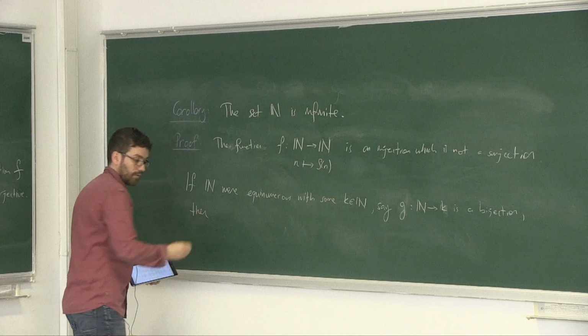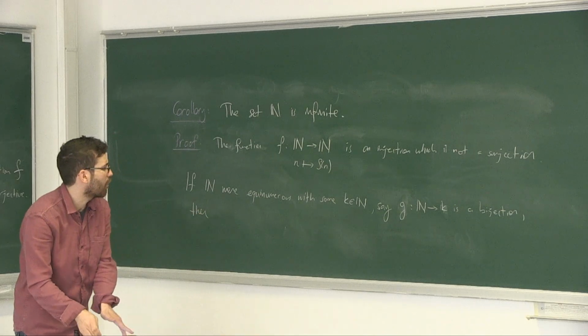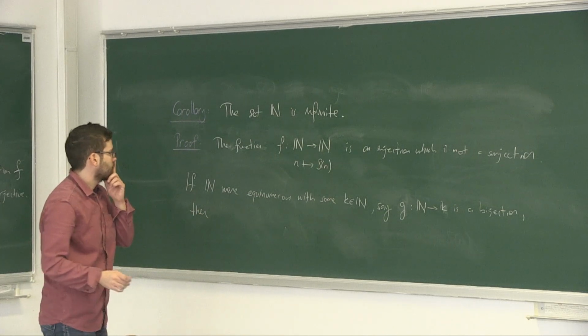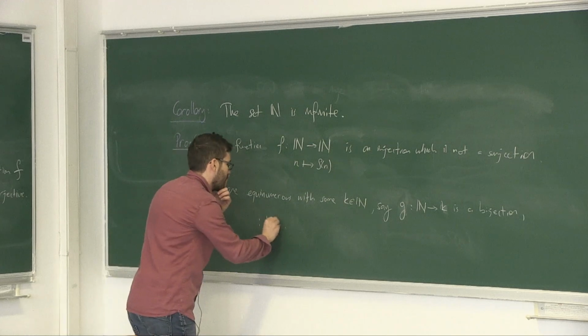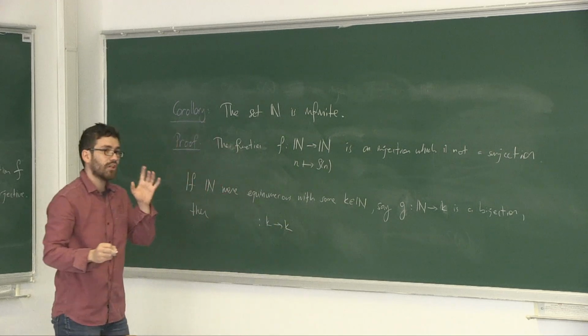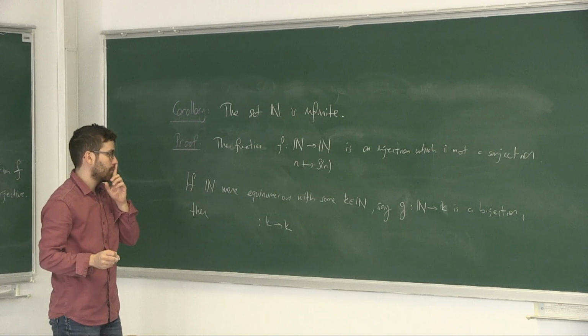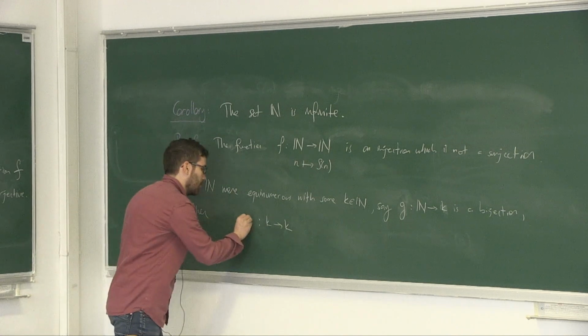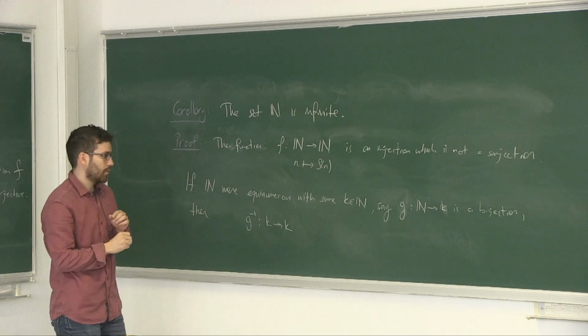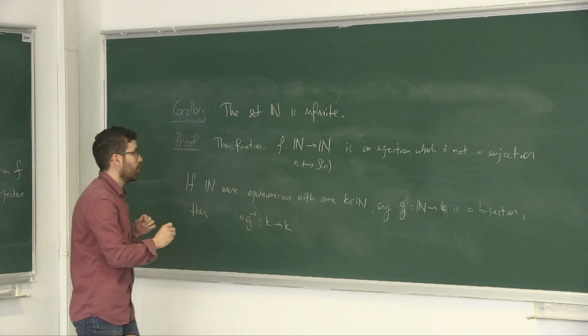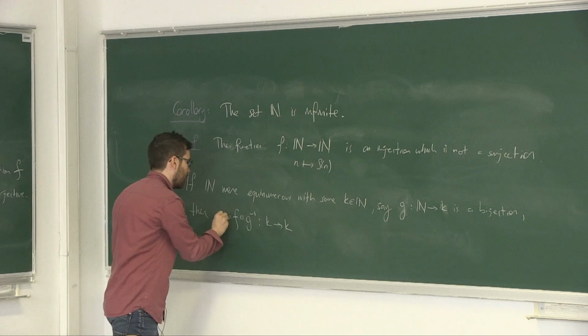Then, I have to get this correct now. I want to find a function from k to k, which is an injection but not a surjection. So I have to apply G inverse, then I have to apply F, and I have to apply G.